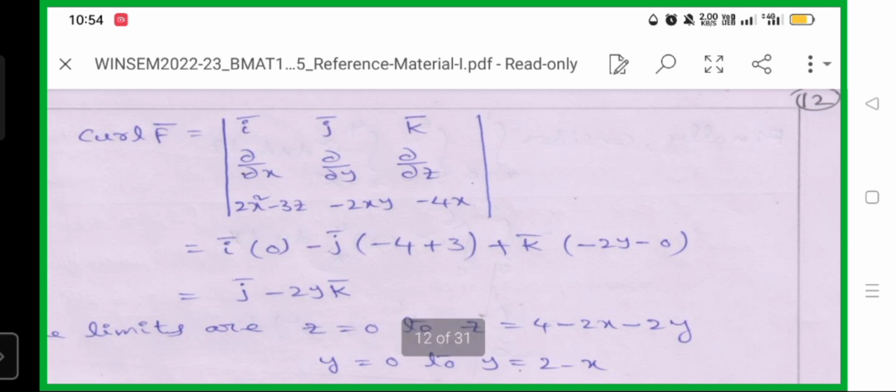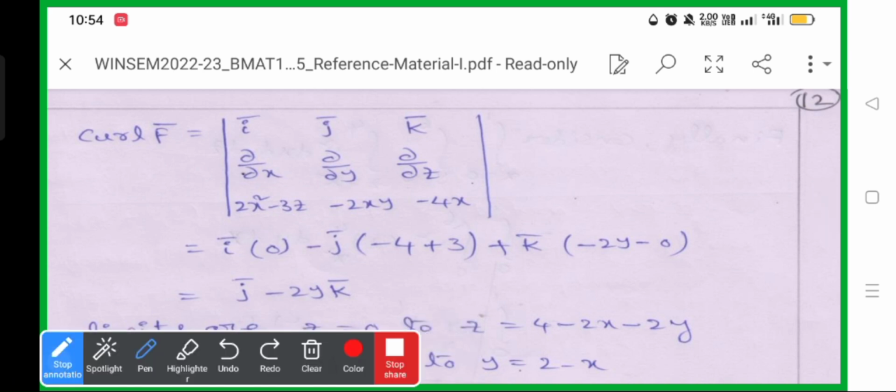Now this one, keep it as a constant. Now we have to differentiate dou y with minus 4x, and again with this one. Okay, first this term, then this term, minus of this term.